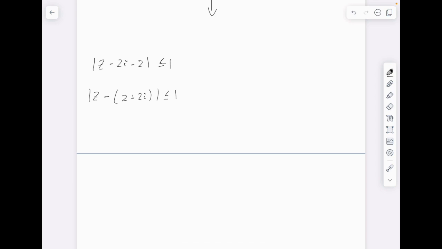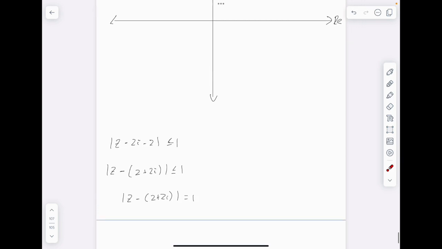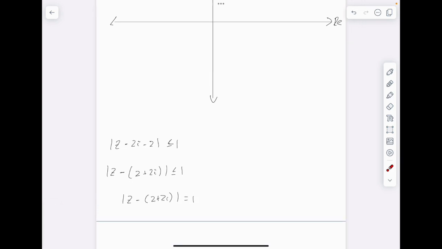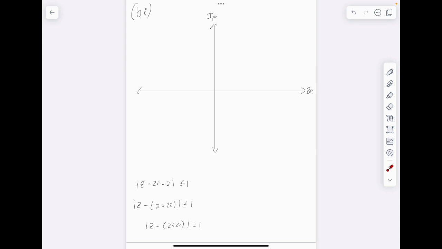And essentially what this is saying is that if we had |z minus (2 plus 2i)| equals 1, that's the same thing as having a circle with radius 1, but with the center located at 2 plus 2i. Okay. So in essence 2 plus 2i is going to sit up here. Boom.